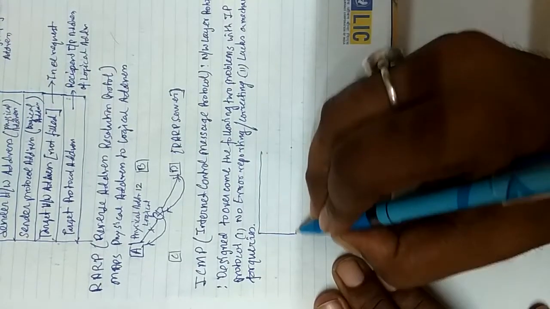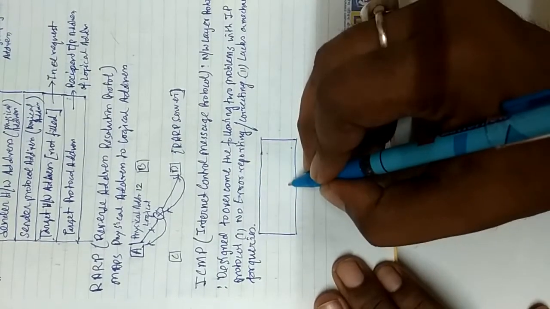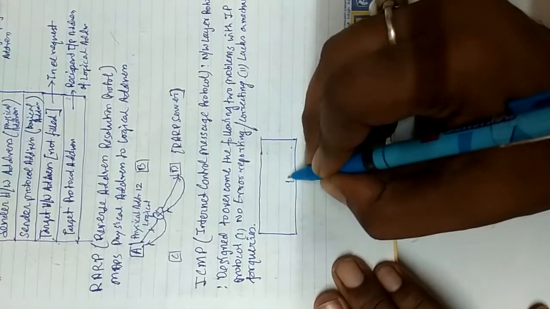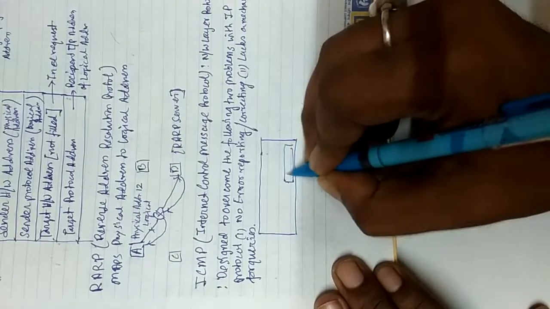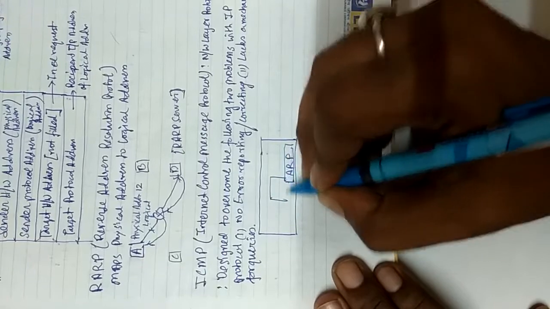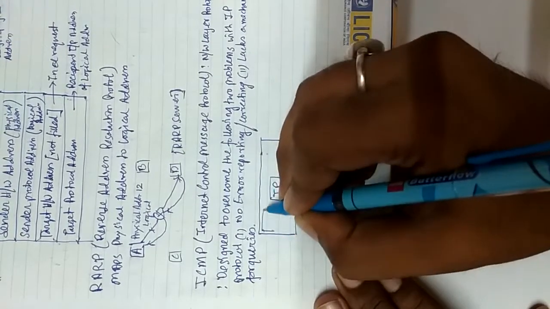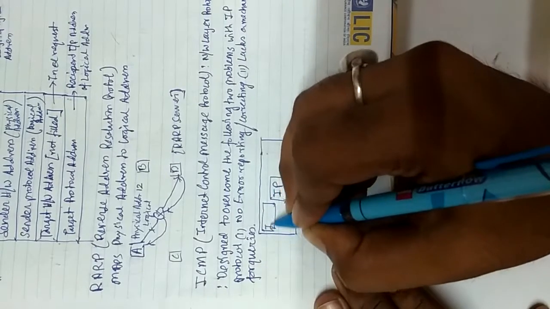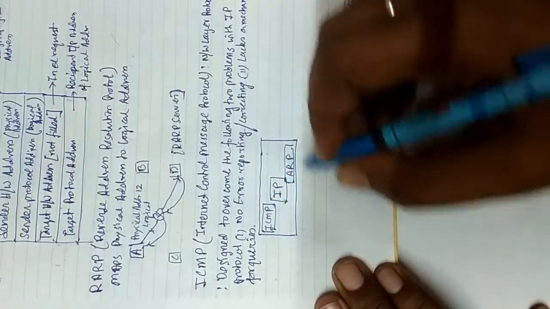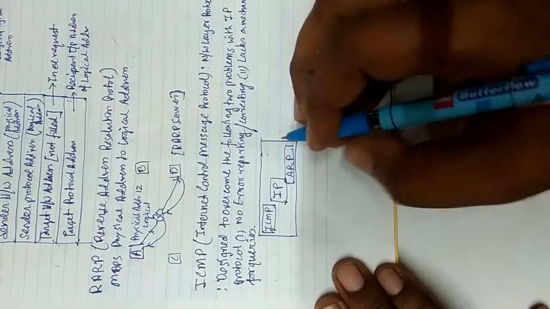If you construct it this way, there is an ARP, and this is IP protocol, and here is ICMP. So this is encapsulated inside this and sent to the lower layer.